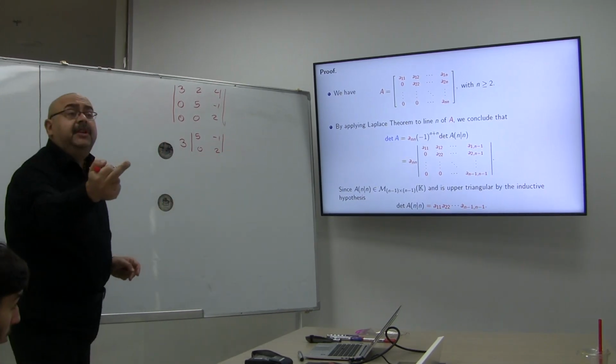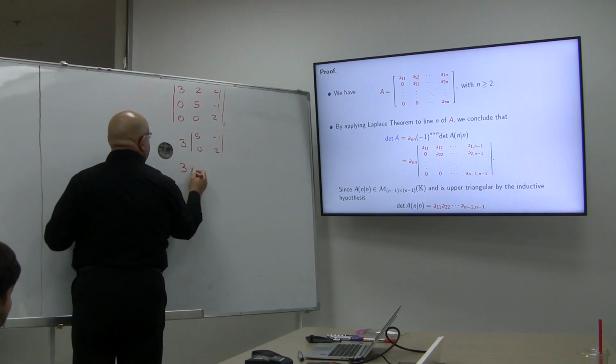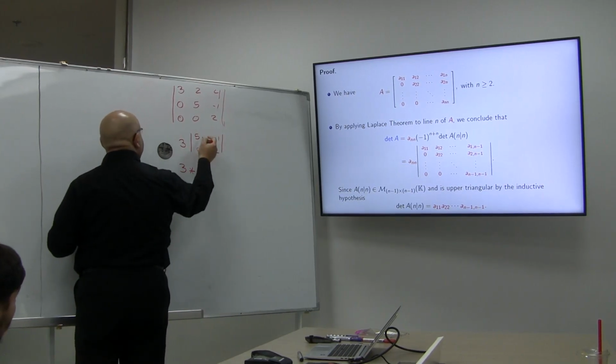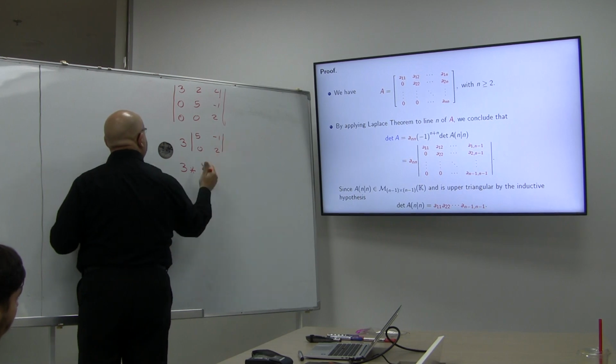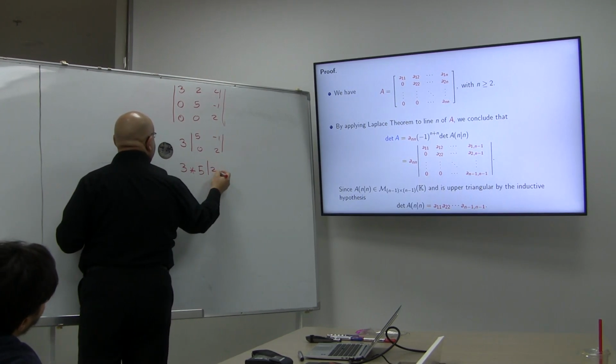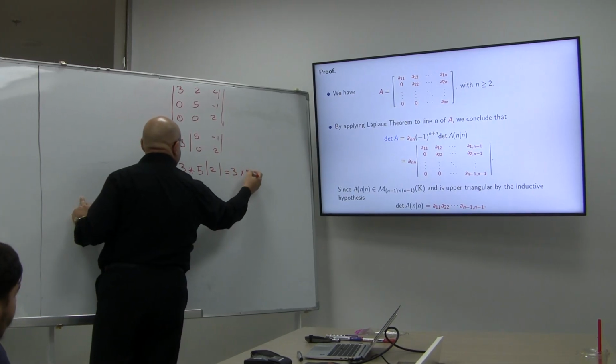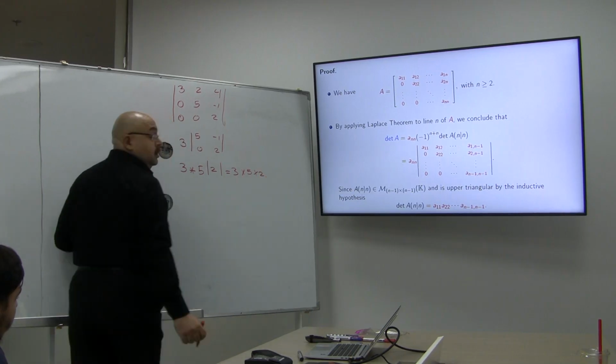I will do it once more. So it's going to be 3 times, I will use the first column, the first element is 5. Then I will eliminate the row and column. So I will have a determinant of a 1 by 1 matrix, which means it's 3 times 5 times 2.